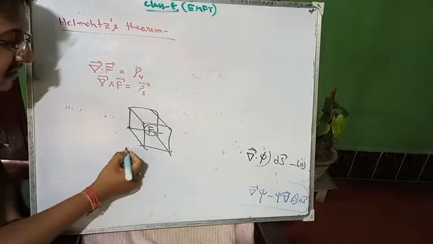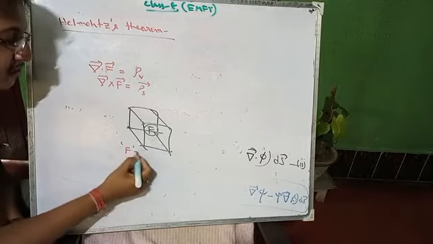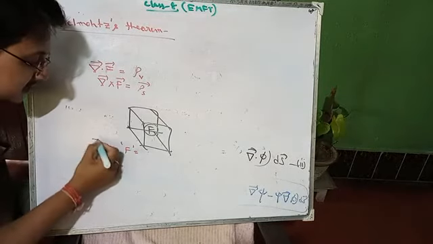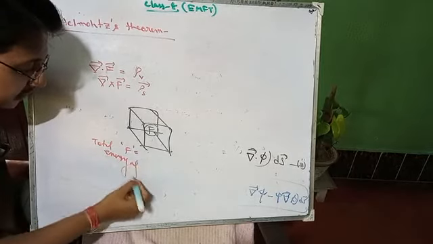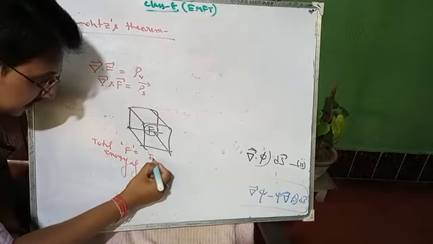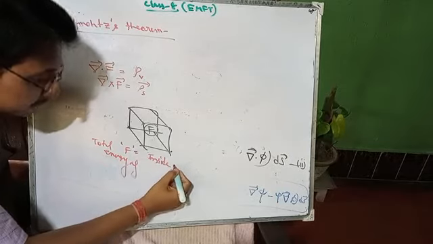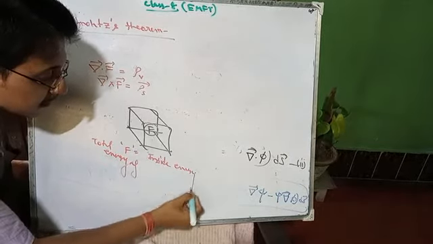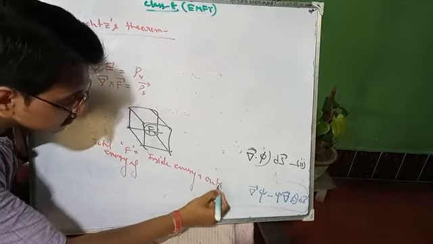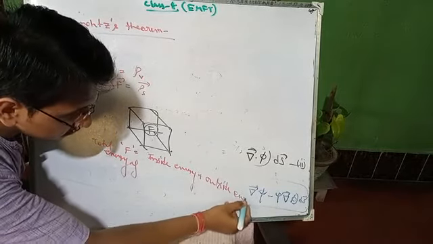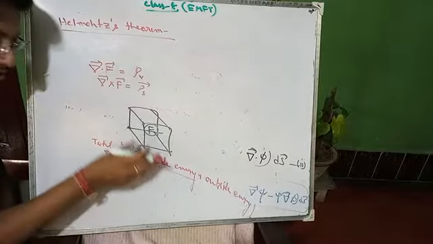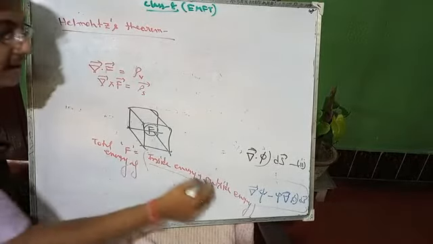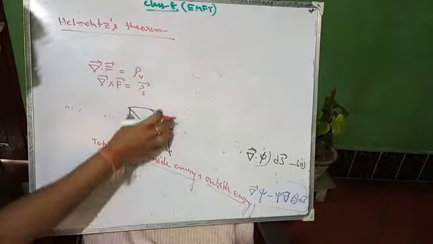Can we write total energy of F equals inside energy plus outside energy? Inside energy means redundant energy, and outside energy means output energy from this system.